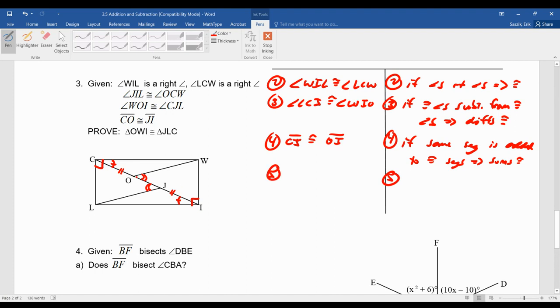This whole thing, CJ, is congruent to OI. And now we have triangle OWI congruent to triangle JLC. And that, of course, is by SSS. Okay. I think hopefully that's pretty good.